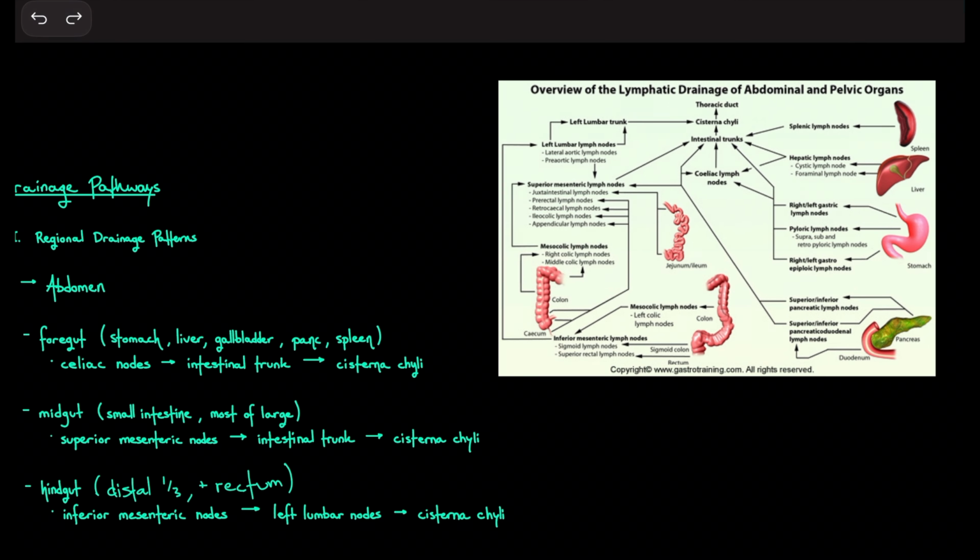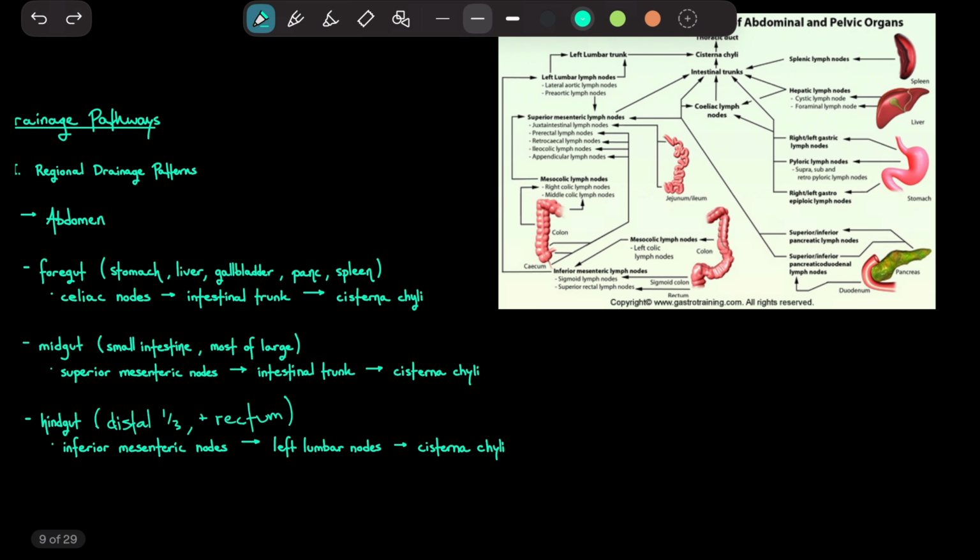Now, remember, the lymph here is technically what we're going to call chyle, C-H-Y-L-E, not Kyle. Chyle. That is a more fatty and opaque version of lymph. Why? If you don't know, go check 4.1, but we have those lacteals within the gut that are accepting the chylomicrons, which are too big to be absorbed into the blood.